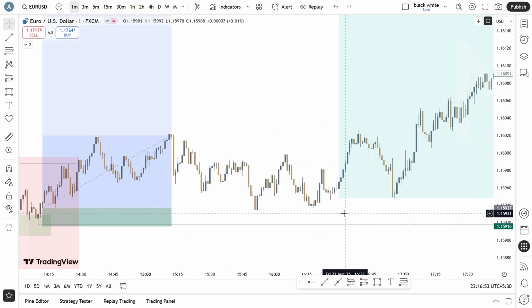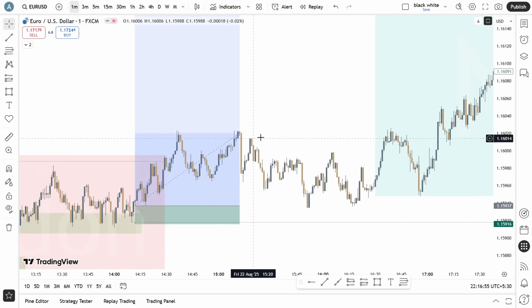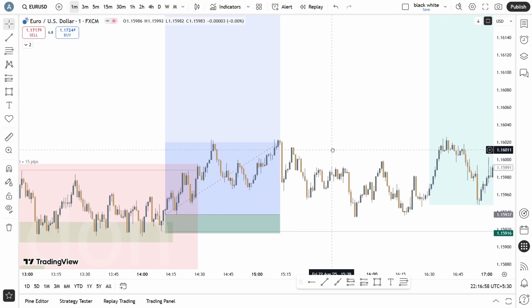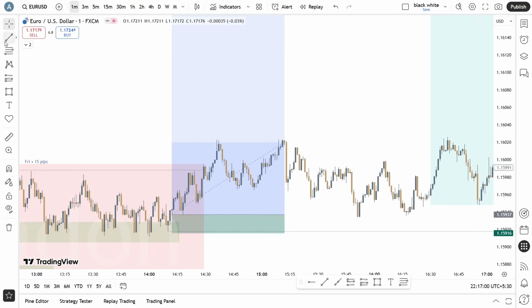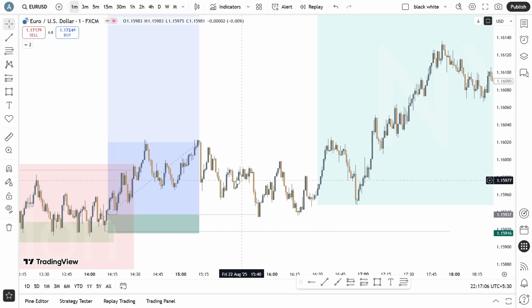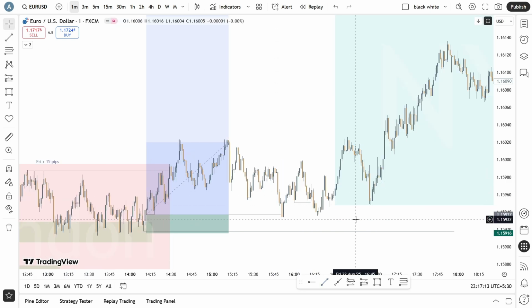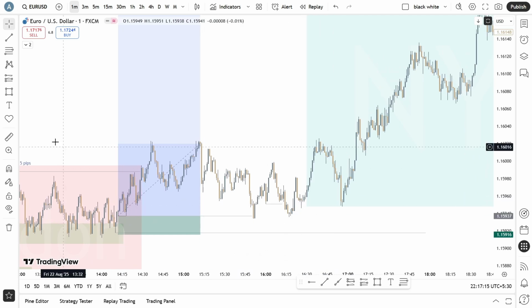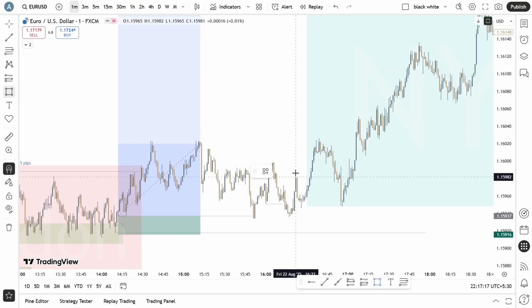The second entry could have been, did the price take this liquidity? Yes. Everything is mitigated.